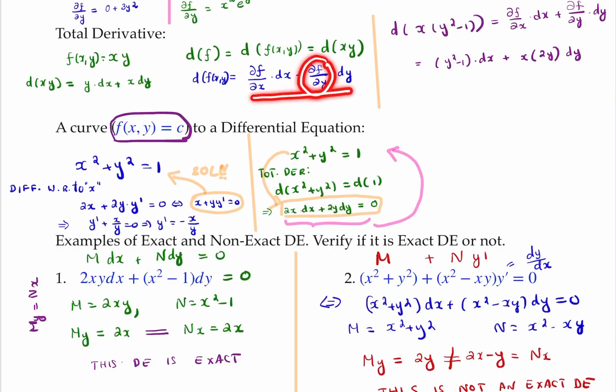Then we know this is the same as that, and therefore if you have a zero on that side, that is going to be equal to something like this.